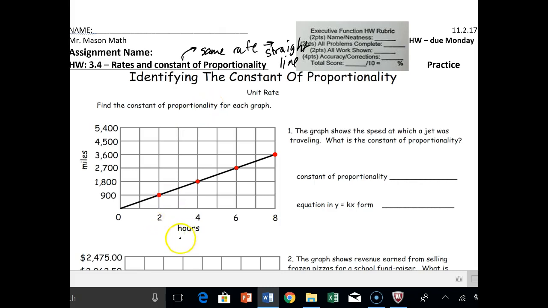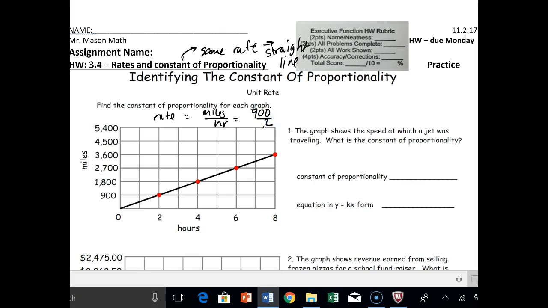So we have something that we're comparing hours and miles. The constant of proportionality, you always want to figure it out, and we can go ahead and do a rate right off the bat. The rate is for every 900 miles, we go 2 hours. So it was miles over hour, and we got 900 over 2.